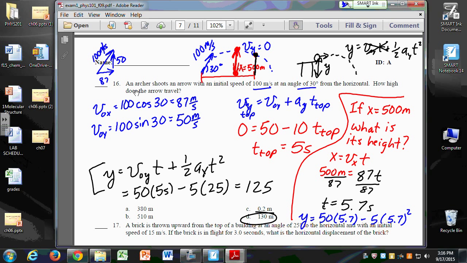I get 123. Well, let's think about that. I know that here it's at 125, so here it's at 123. It drops a little bit in that little bit of time.